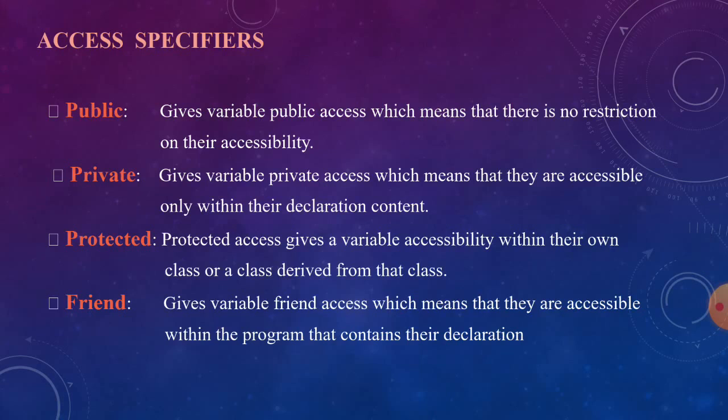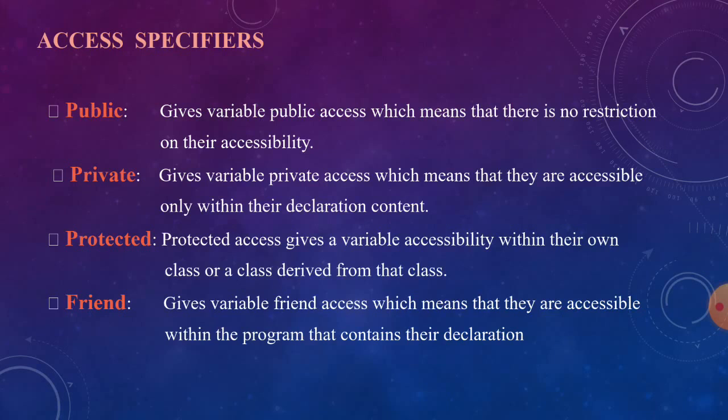Protected access gives a variable accessibility within its own class or a class derived from another class. A class derived from another class is called a subclass. So if we want to access it there, then we must declare the variable as a protected variable.